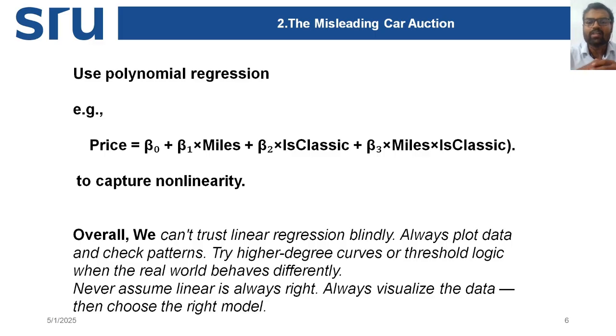We can't trust linear regression blindly; we always need to plot the data to check patterns and see how the data moves out of linearity. Polynomial means it is not a linear line, obviously. These kinds of features we also need to consider. That is the solution we have to follow here.